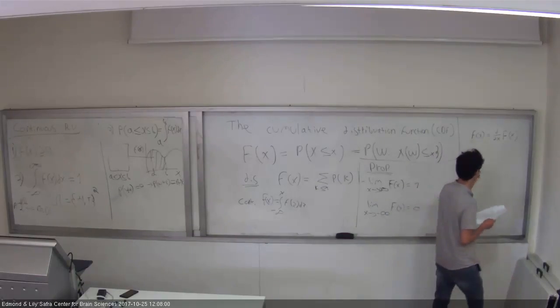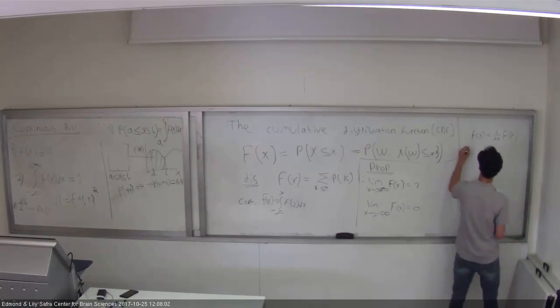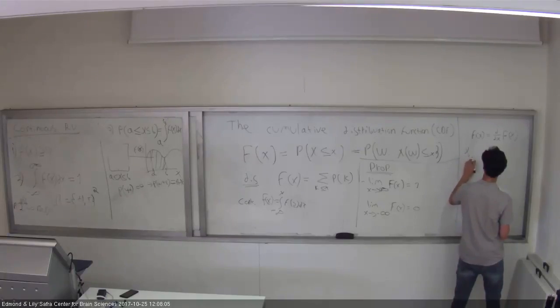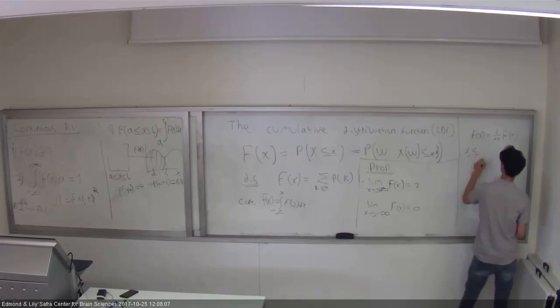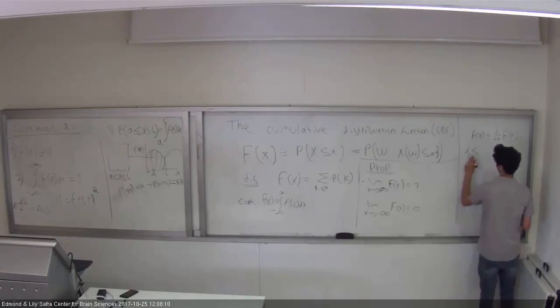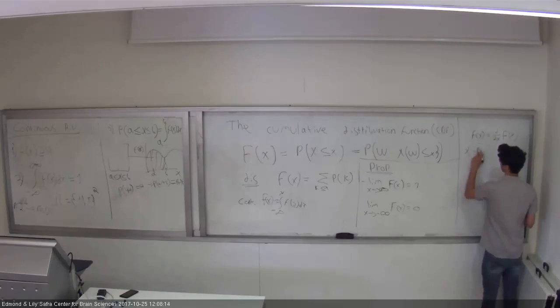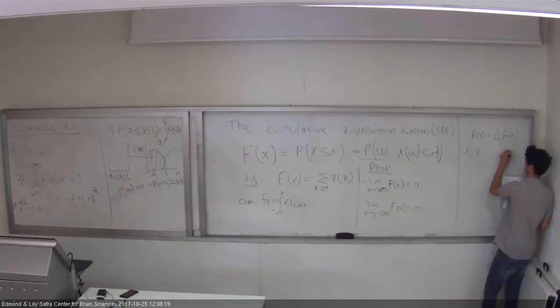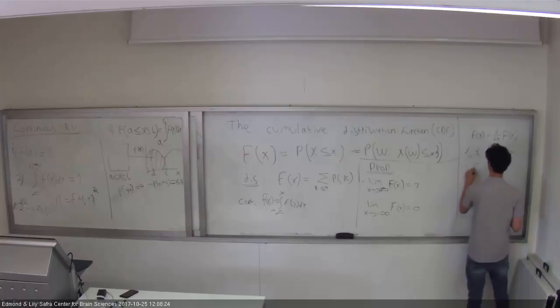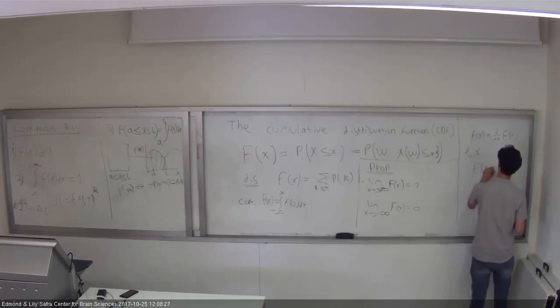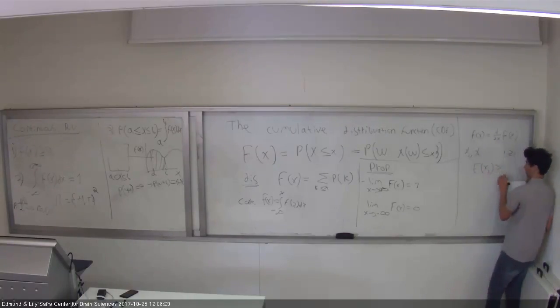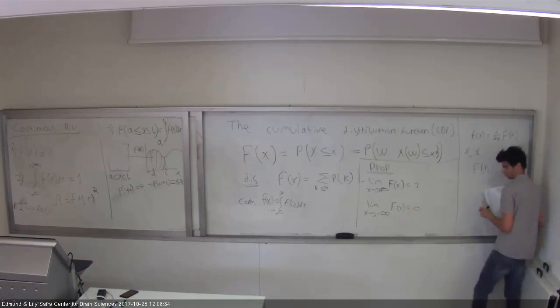That means for every x_j that is bigger than or equal to x_i, F of x_j is bigger than or equal to F of x_i. Okay?